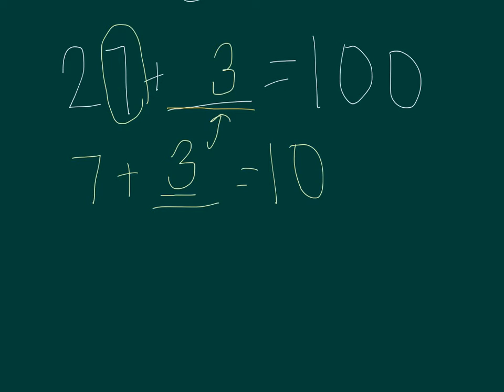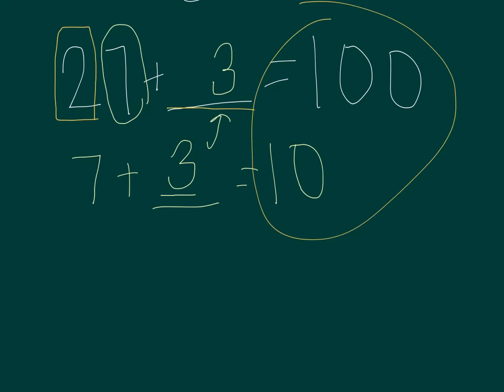Now I want to look at the tens. When I'm looking at my tens, I have to keep in mind that I already found one part of my answer. So if I think about over here as a subtraction problem, 100 minus 10 equals 90.